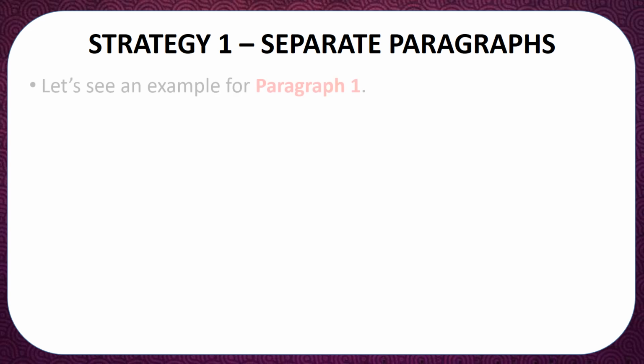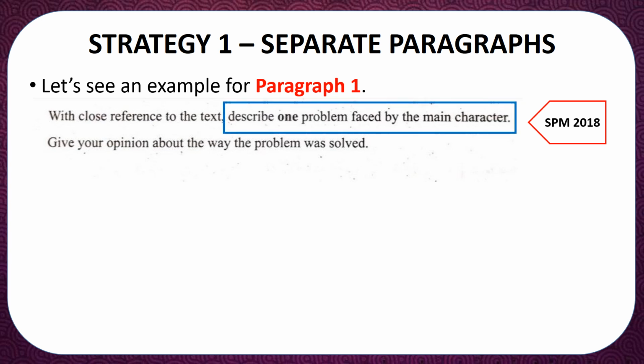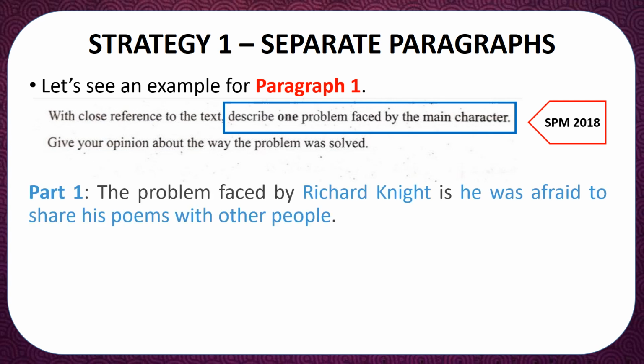Let's see an example for paragraph 1 where you describe the events. So again, we use the same question I have used earlier, right? SPM 2018. So let's see. This is what the question wants, right? So part 1, the problem faced by Richard Knight is he was afraid to share his poems with other people.